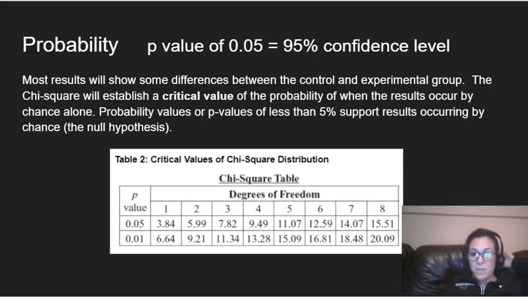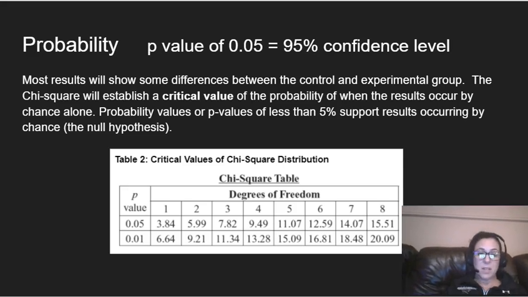So what we have here in this chi-square table are different p-values, and those p-values are probability values. And the probability values are linked to that 95% confidence level. Notice that we have a p-value of 0.05 and a p-value of 0.01. AP Bio makes this difficult for no reason because biologists are always happy with a 95% confidence level. That means that we are 5% unsure, right?